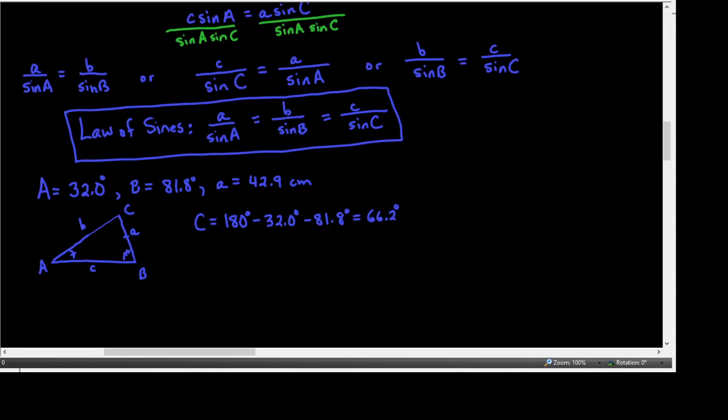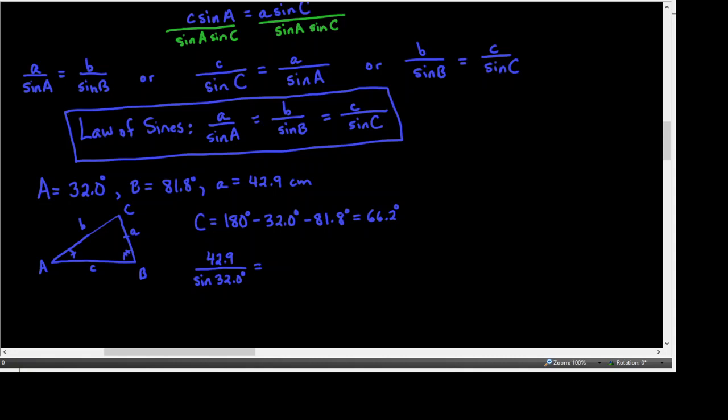So I know that A, which is 42.9, over the sine of A, which we know is 32.0 degrees, should be equal to, and now it's our choice. If we are finding B, we have to know angle B, which we do know.